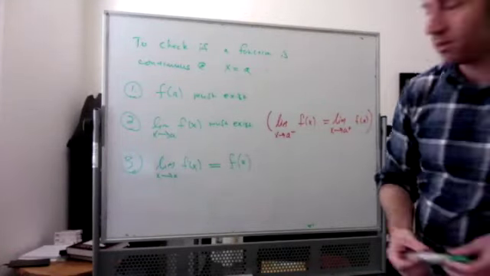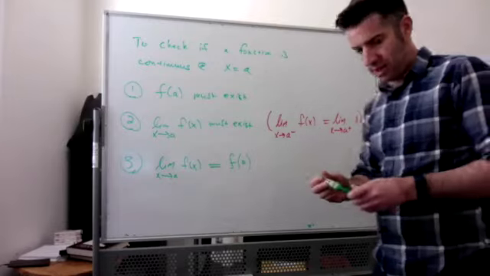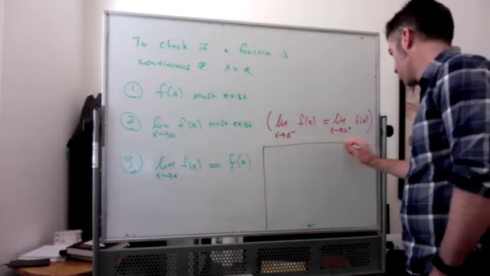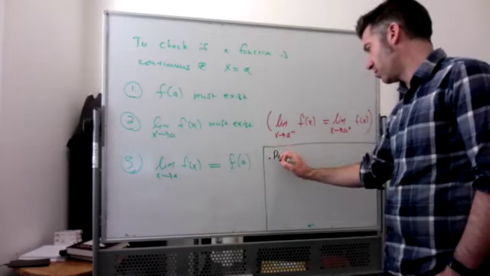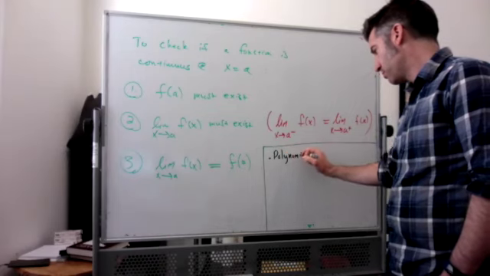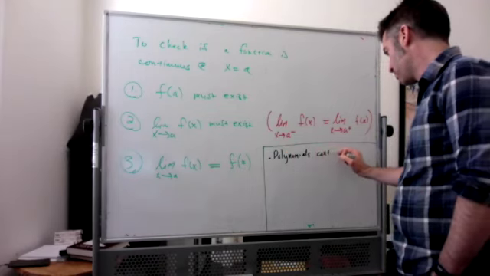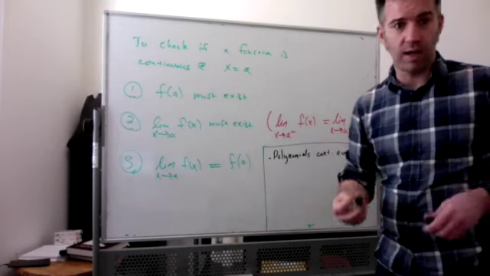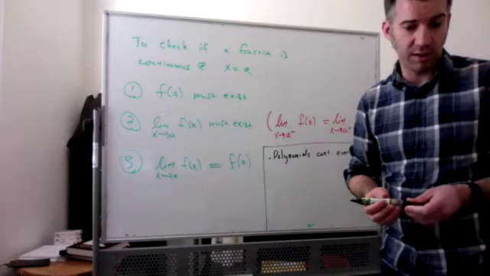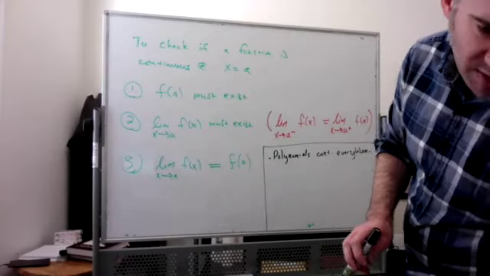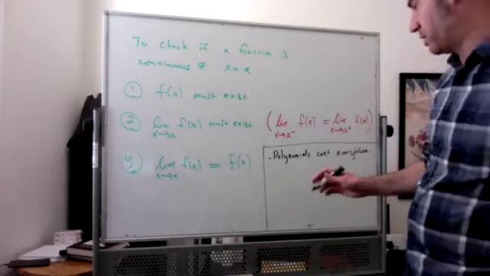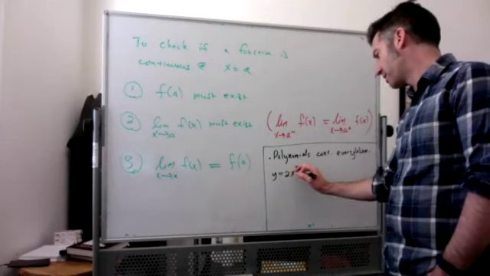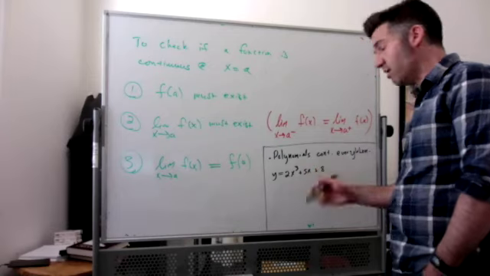I will also point out that the other thing to be aware of is polynomials are continuous everywhere. Anything that just has positive integer powers of x is going to be continuous everywhere. Someone asked what interval something like 2x cubed plus 5x plus 8 is continuous on.